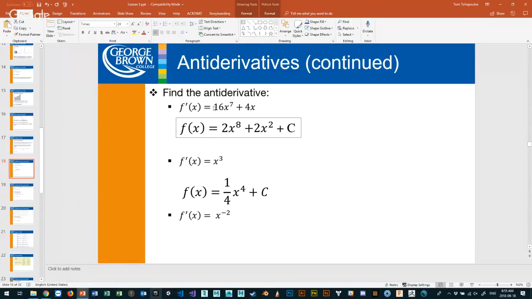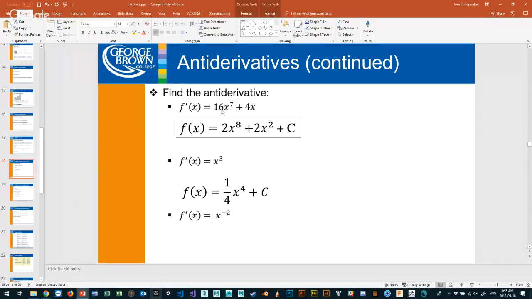I know then that I would do the opposite of the power rule, right? So it's something that multiplies to get 16, and when I subtract 1 from it, I get a 7. So if I subtract 1, what I want to do is add 1. So 7 plus 1 is 8, right?